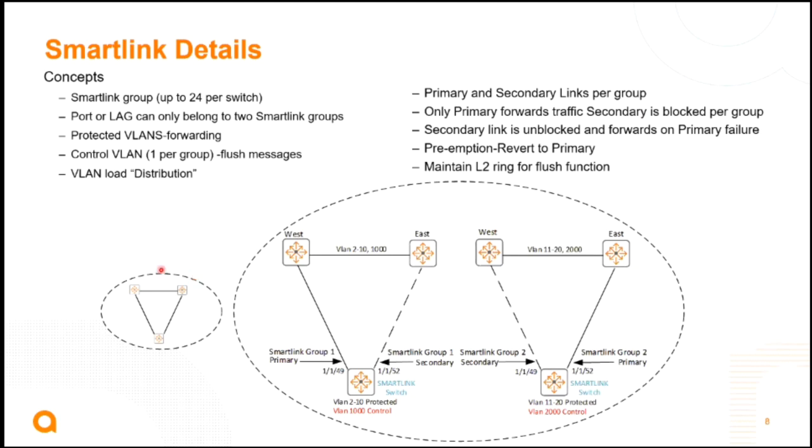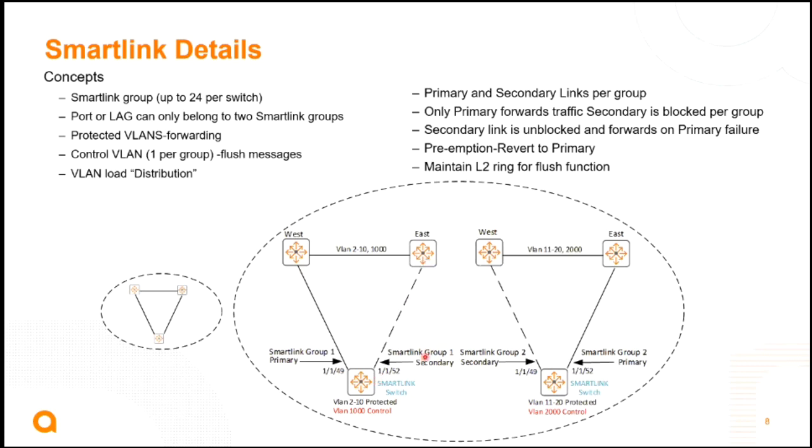So if I look here on the left, I've got my physical hardware in this triangle. It's layer 2, but I'm going to split it up here in terms of configuration. So I talked about the Smartlink groups. On the left side, I've got a Smartlink group 1 defined, and the Smartlink group has a primary link up to the west switch and a secondary link up to the east switch.